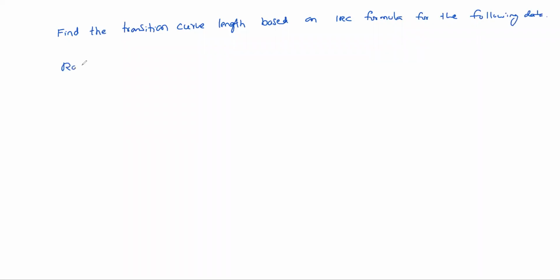Radius of curve equal to, suppose, 300 meters. Terrain is plain terrain. Design speed 80 kmph. Okay, so it is a direct formula.